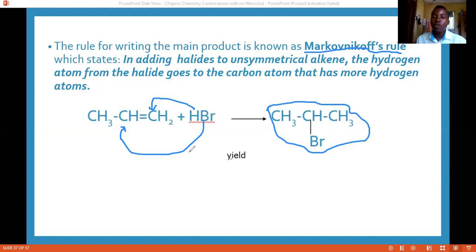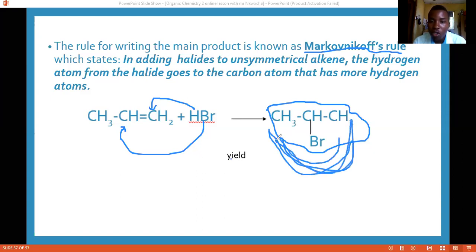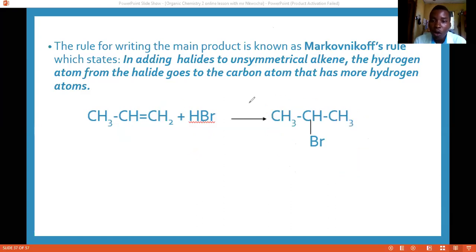Imagine you want to fry dodo after you finish slicing the plantain, and a whole lot of plantain gets burnt every time, only a few pieces are left. You wouldn't want to continue that process. That's a waste of resources. So based on Markovnikov's rule, we expect you to state the one that has a higher yield. Please don't forget the reason: this one has a higher yield, while the other one has a lower yield, so a lower amount is produced.